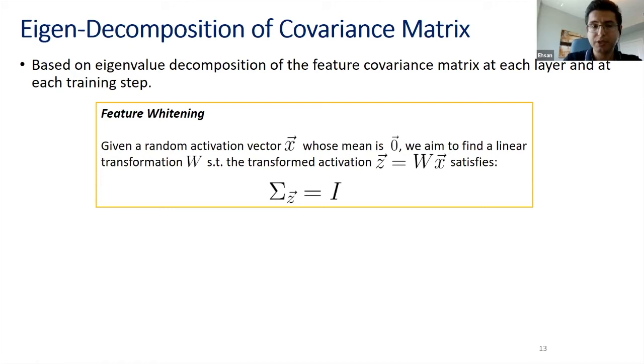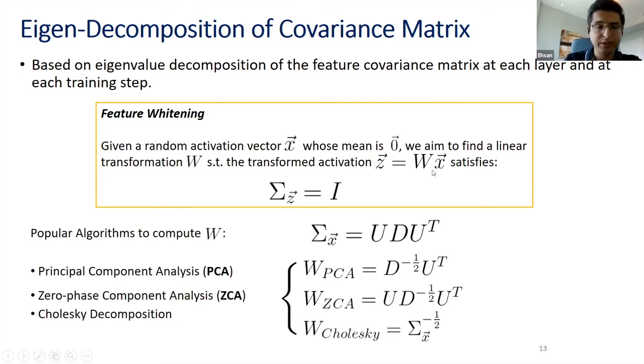So the question is, what are the methods to obtain this W, the whitening matrix? The first one, the eigen decomposition method, first eigen decomposes the covariance matrix like this, and then we can use PCA, ZCA, or Cholesky decomposition, and each of these methods has its own properties.